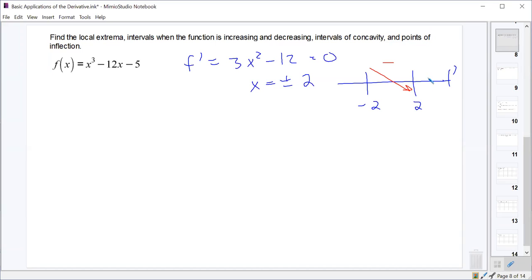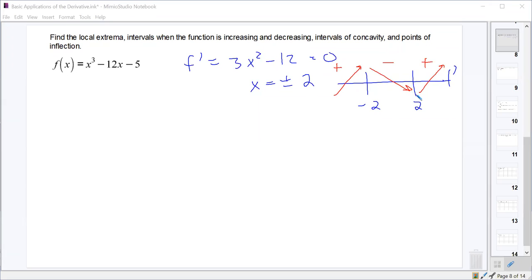Plug in something more than 2, like a million, and I get a positive, and it's increasing. And plug in something like -1 million, the square makes it positive, and we're positive still over here. So we know that there's a local max at -2 and a local min at 2, and we're increasing from -infinity to -2 and 2 to infinity, but decreasing from -2 to 2. I'll write all that out in a minute once we're done with everything.